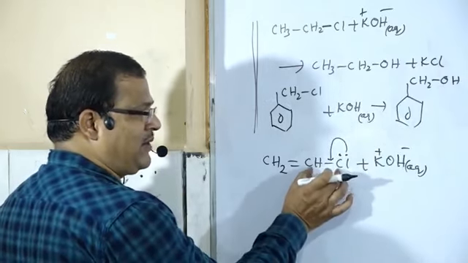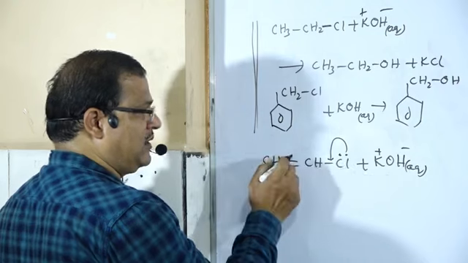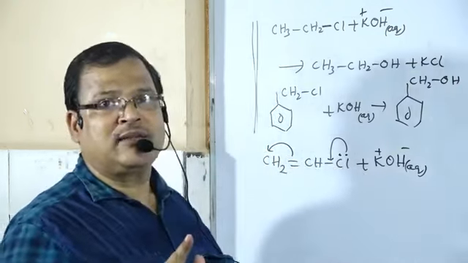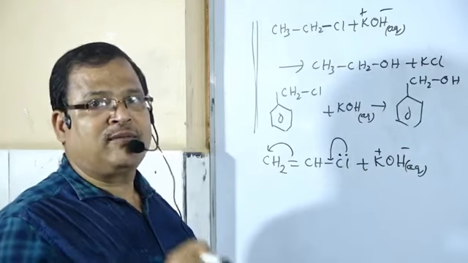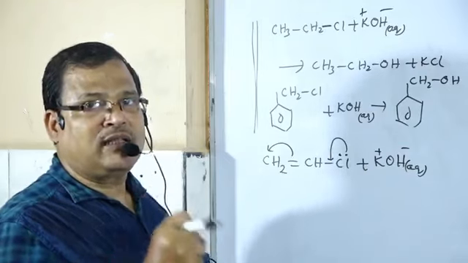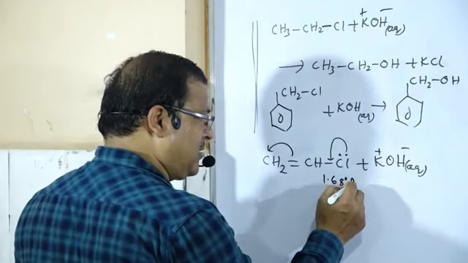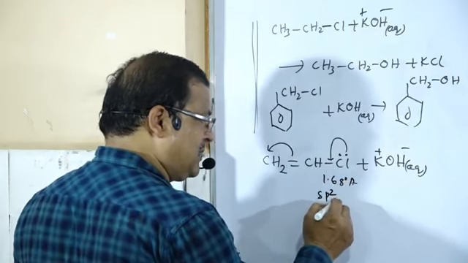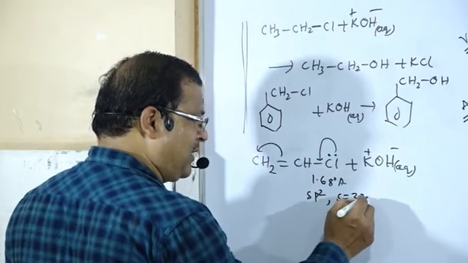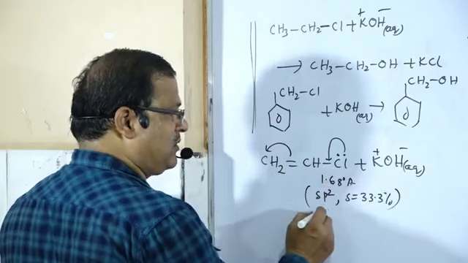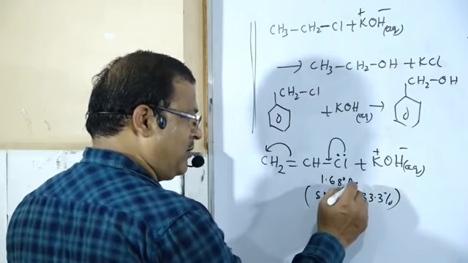This means the bond strength becomes more, the bond length becomes 1.68 angstrom, the carbon is sp2 hybridized with S character 33.3%, and there is development of carbon-chlorine double bond.